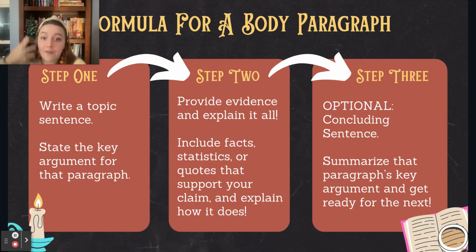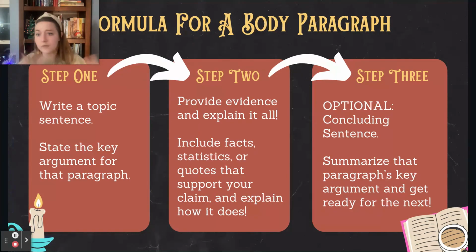So you're looking for facts, statistics, quotes that support your claim, and then you need to explain how it does. It's not enough to just say, well, 78% of mosquitoes carry a disease. Why do we care? Okay, so the mosquitoes are diseased. It's only when you explain that, oh, they can pass those diseases on to us and that can make us really sick. That's when your reader's going to care, okay?